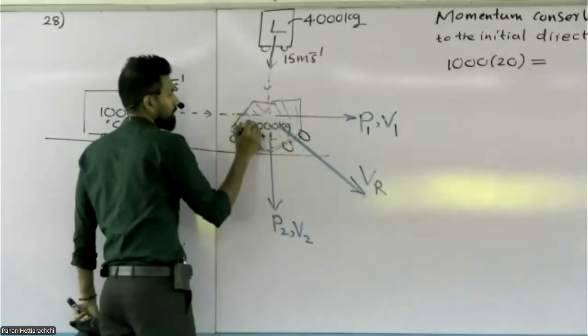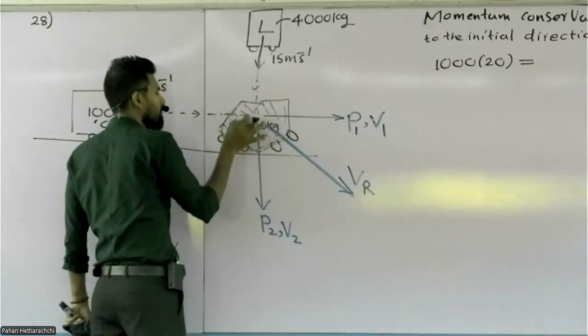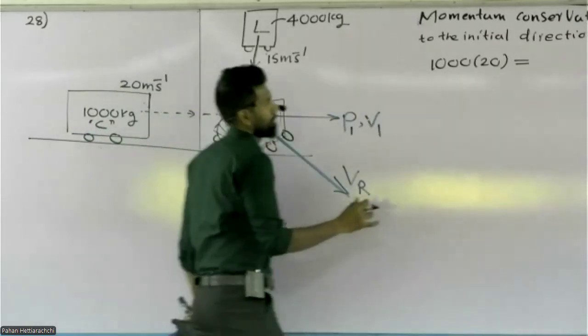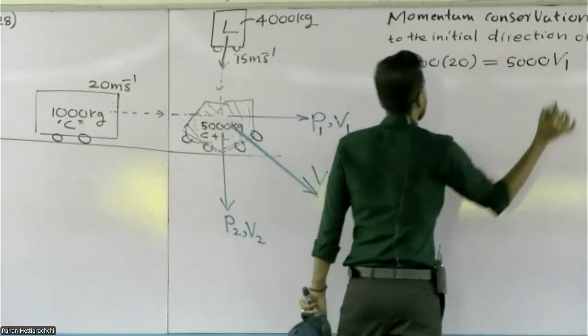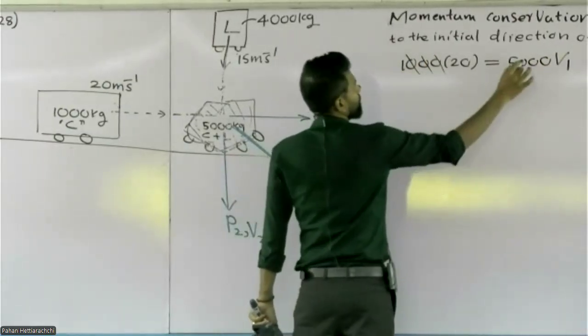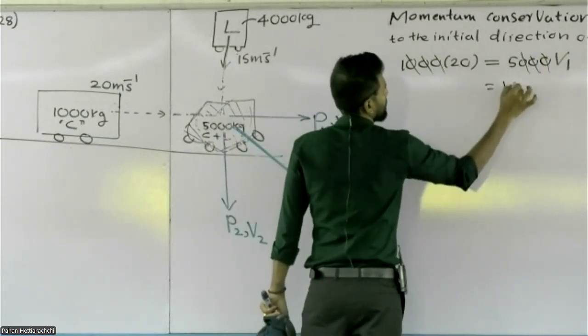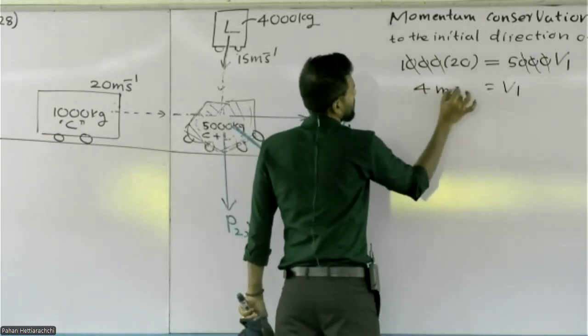Final momentum: the vehicles are combined after the collision, 5000 into V1. V1 is equal to 4 meters per second.